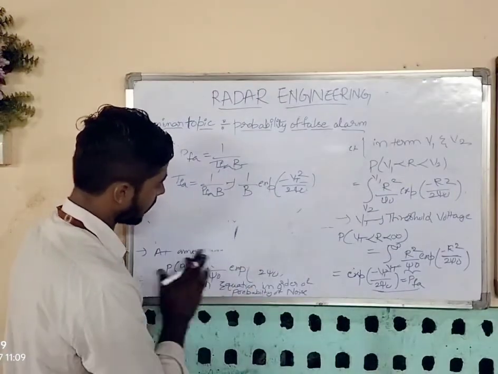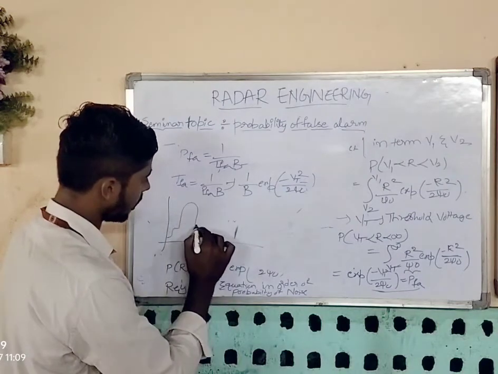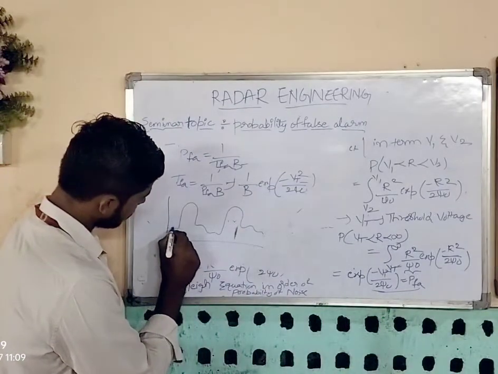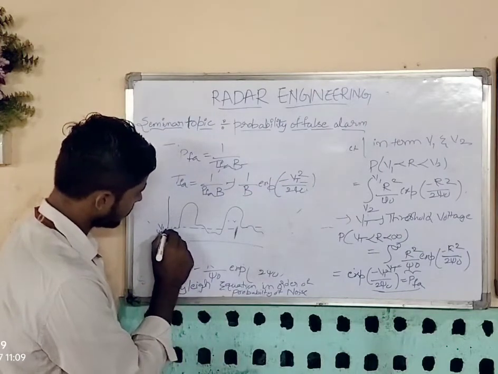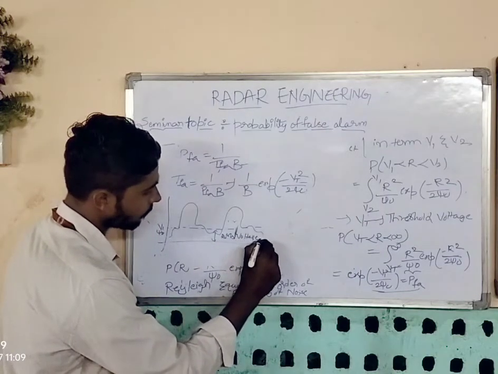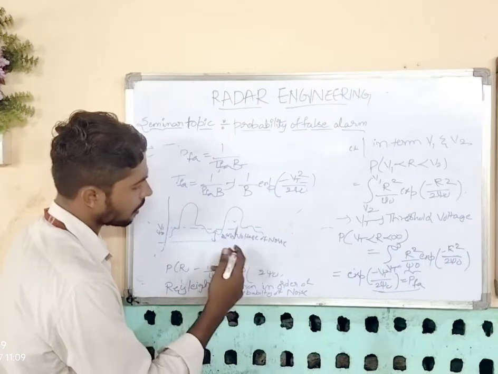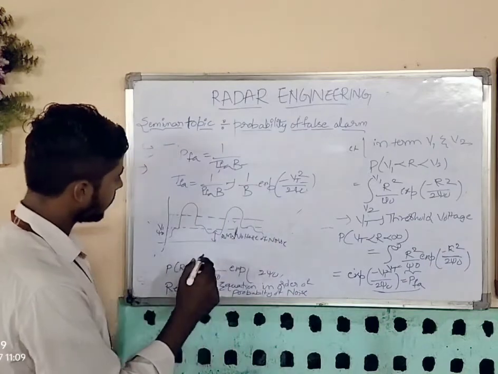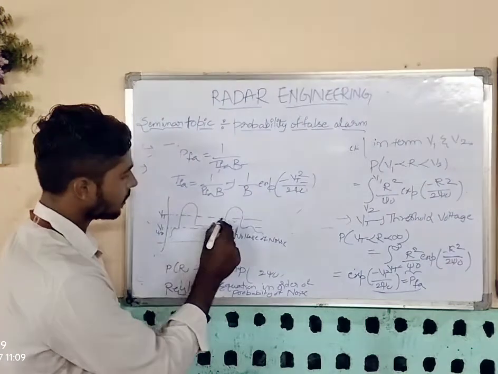Let us see it graphically, when the noise is introduced into an IF. This is a noise. Here it is the initial voltage, psi, which is called the RMS voltage of noise, meaning the mean square value of voltage of noise. As per our requirement, based on the threshold voltage, we can detect the false alarm.